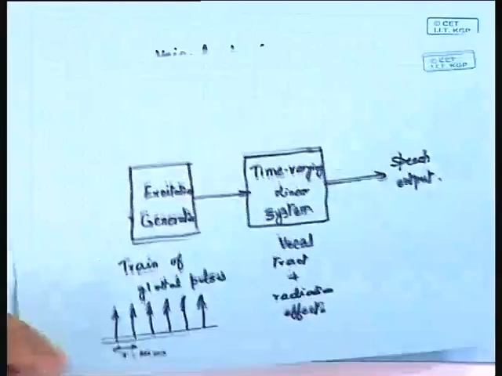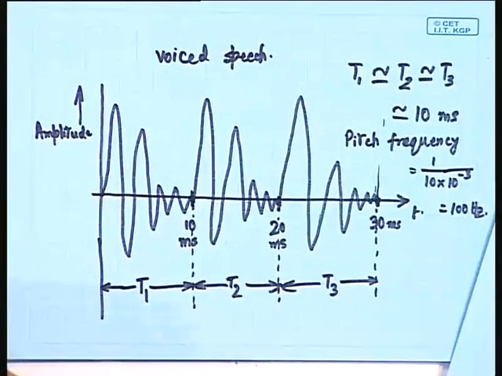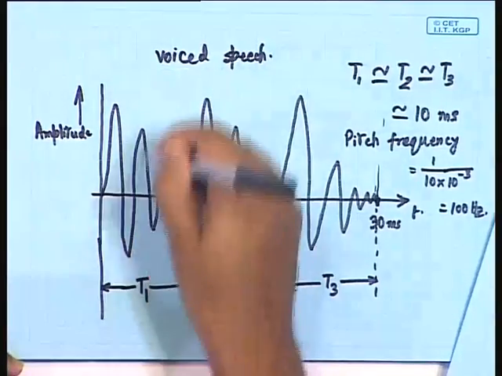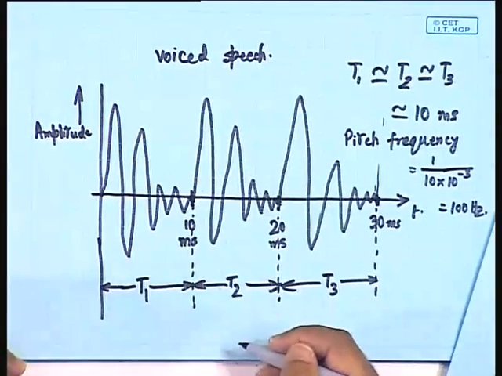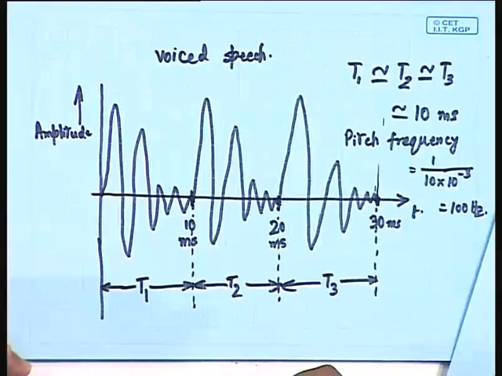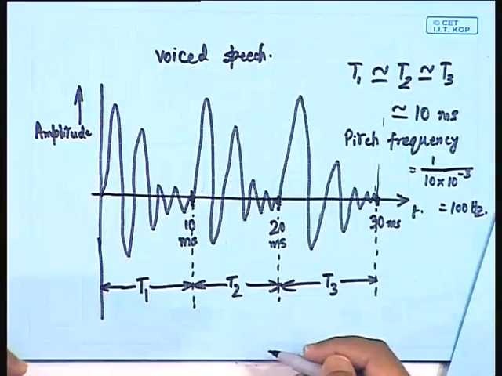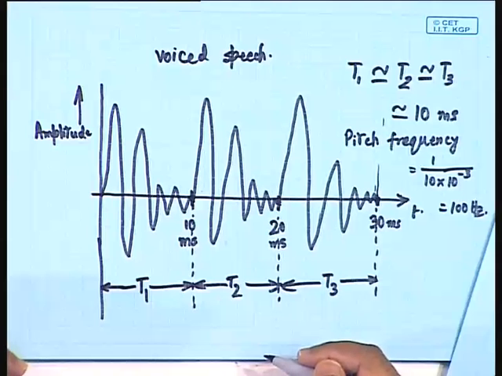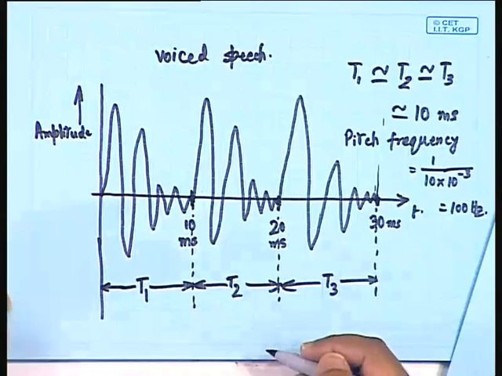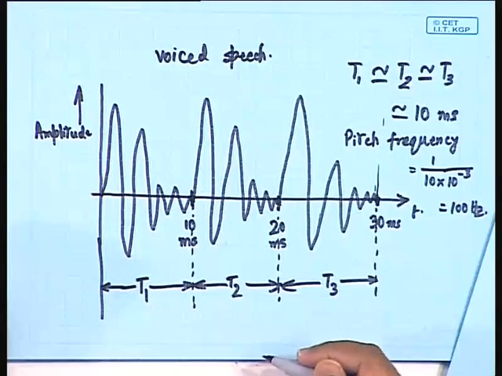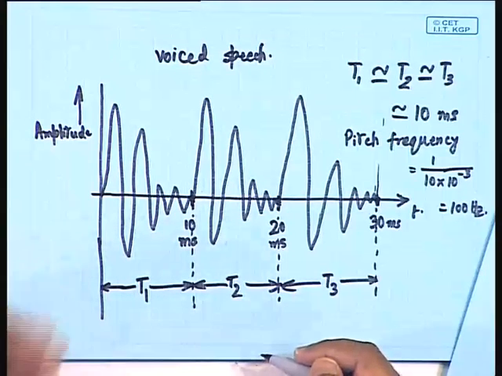But now our question is, if 100 hertz excitation is applied, then why are we having this sort of an effect? Well, the answer is that these effects appear because of the resonances produced in our vocal tract, and the resonances are actually triggered by the excitation that is produced.